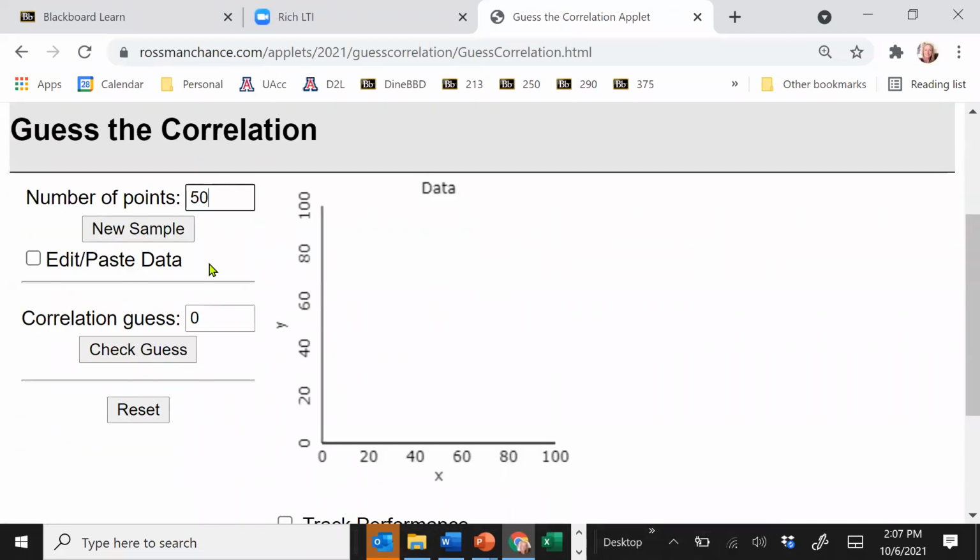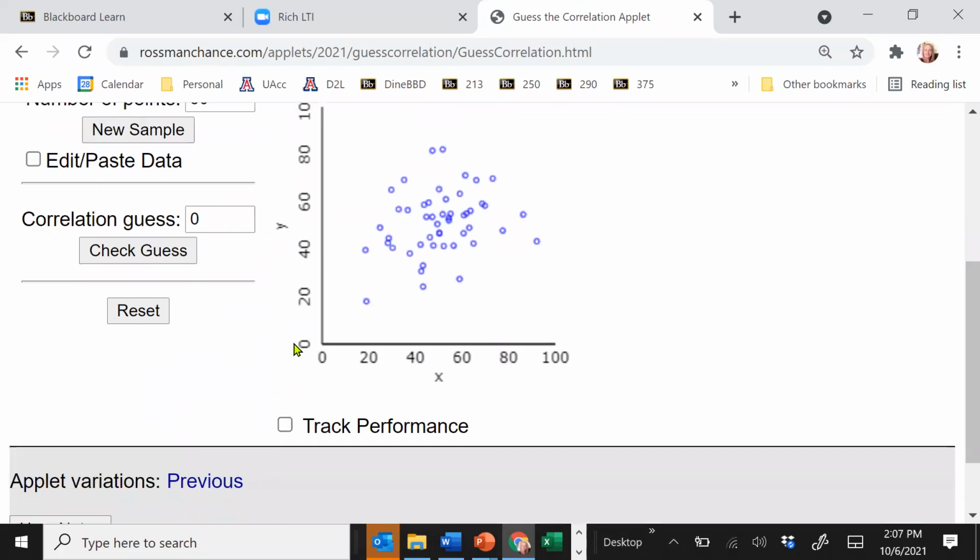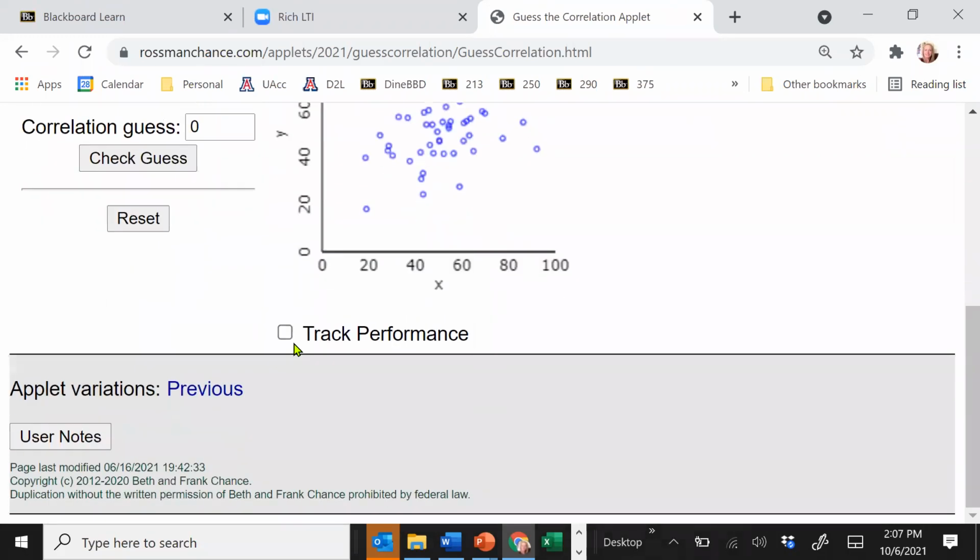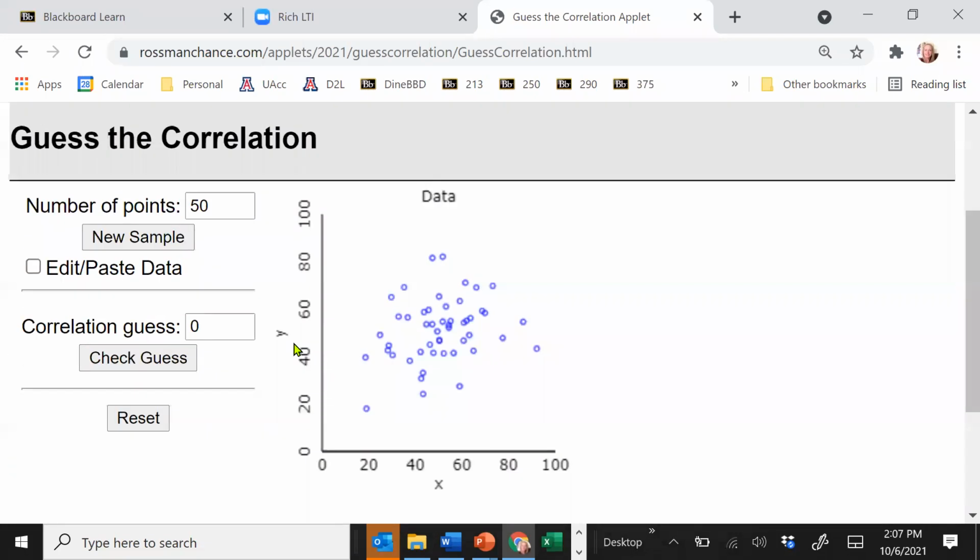And all it's going to do is show us a scatter plot, and we're going to guess what the correlation is. So let's go ahead and look at a scatter plot. So now if you can imagine where that line of best fit would be, you can make a reasonable guess.